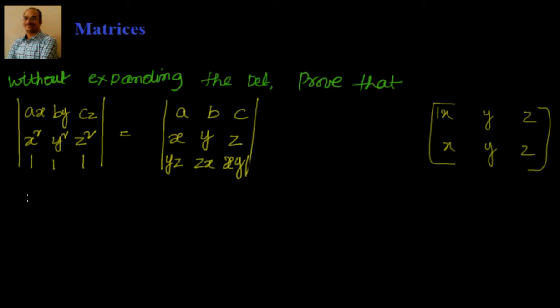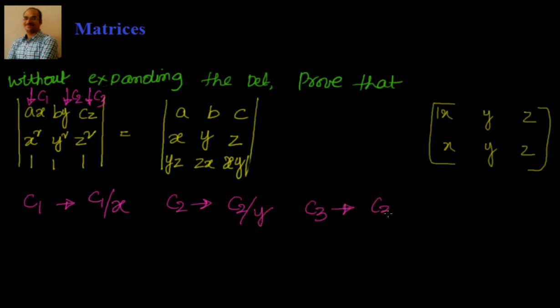So what I will do, I will say, it's C that we are talking about: C1, C2, C3. We are saying C1 divided by X, C2 divided by Y, C3 divided by Z.